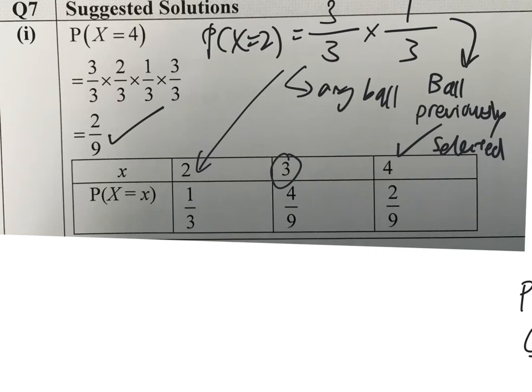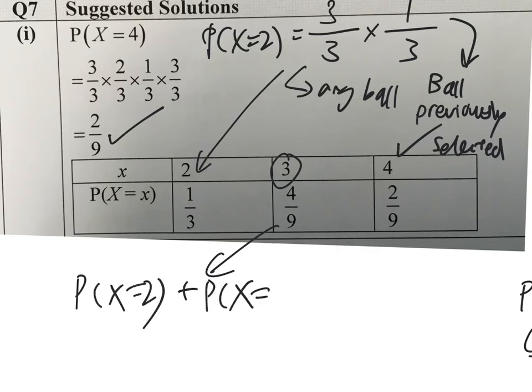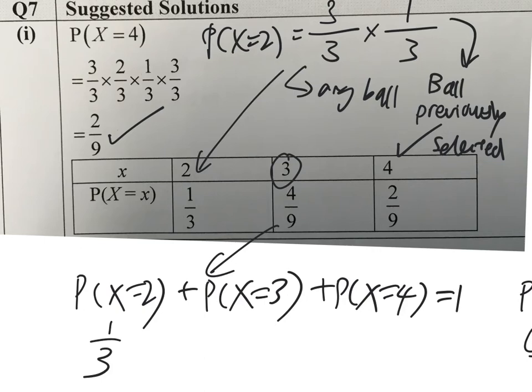So for this 4/9, you know that P(X=2) plus P(X=3) plus P(X=4) must be 1, based on whatever we have discussed just now. You know that this is 1/3, this is 2/9, so what is this?